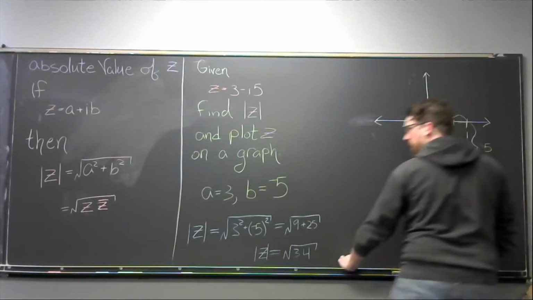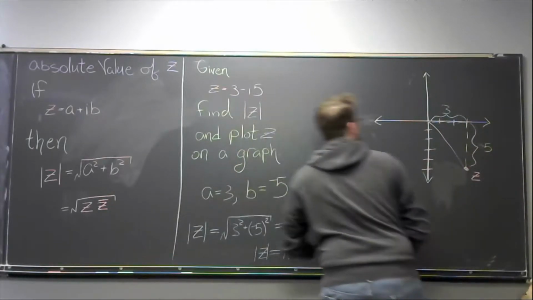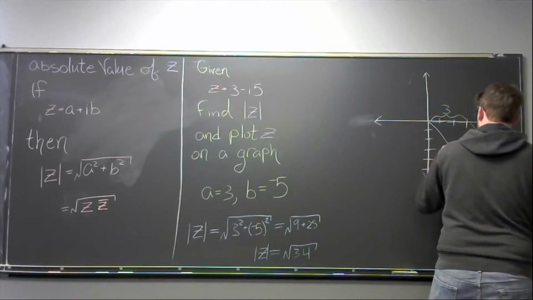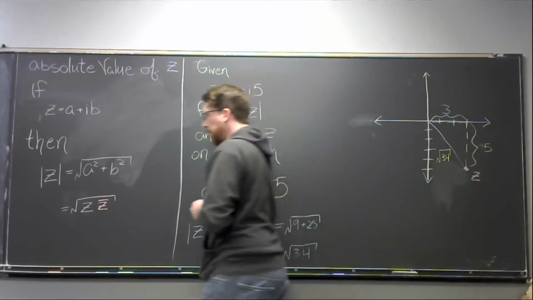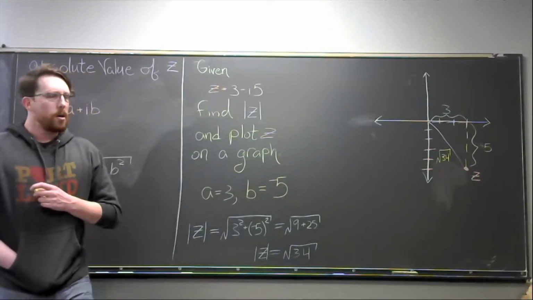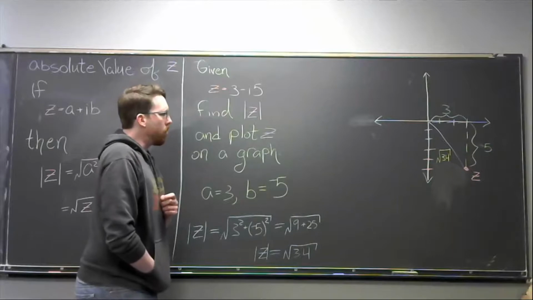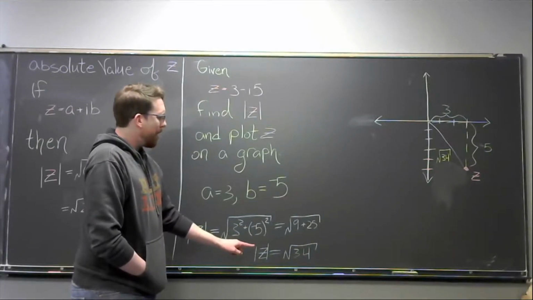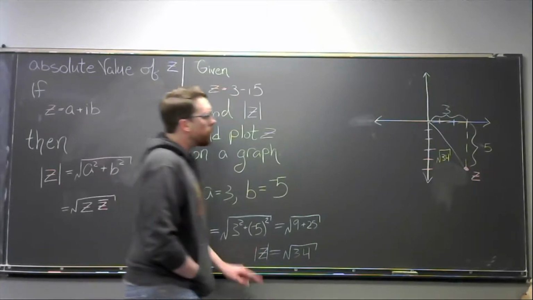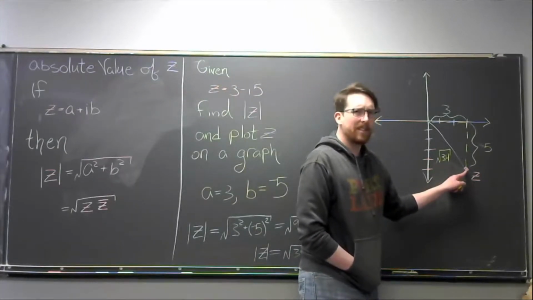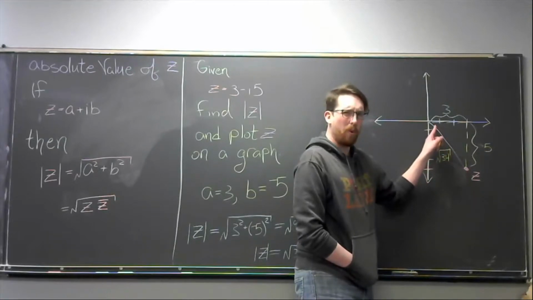So let's write that in really quick. That's the square root of 34. So this absolute value of z is equal to the distance that it is from the origin.